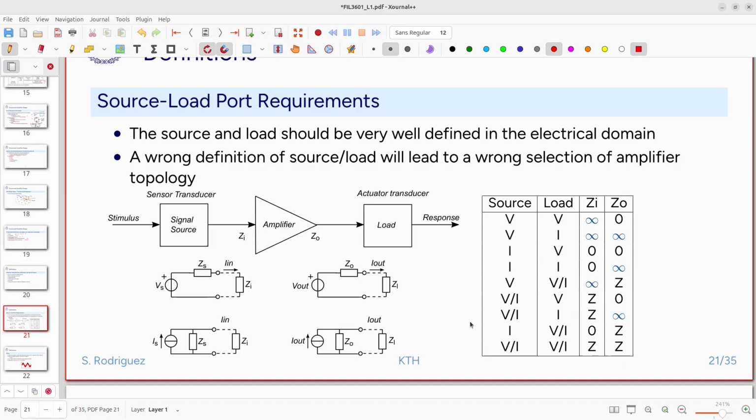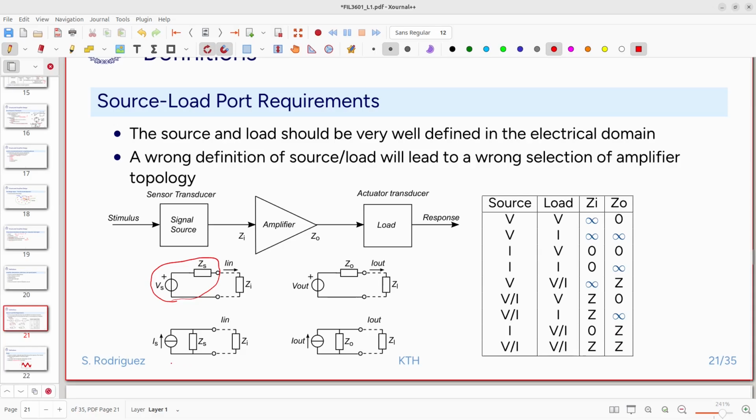And there are different kinds of sources. We have sources that behave like a voltage source. That means that it has a series impedance, normally not so large, that is our model for a voltage source, that will be connected to the input of the amplifier.